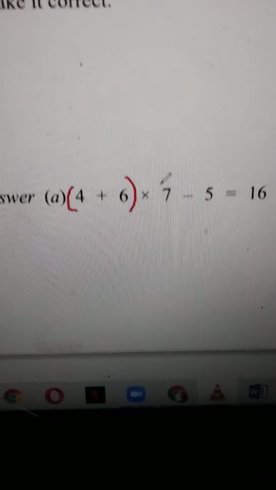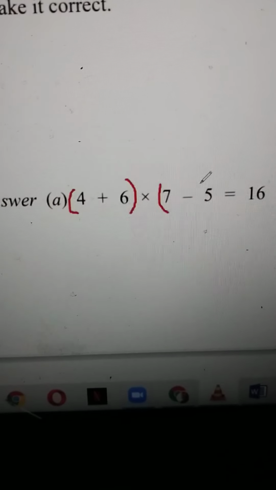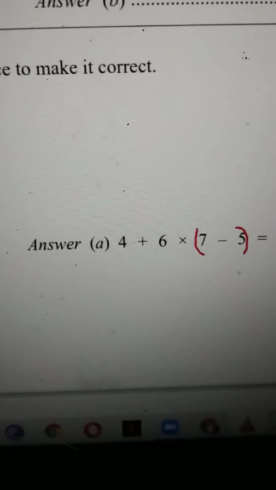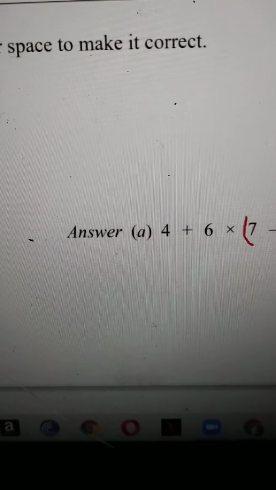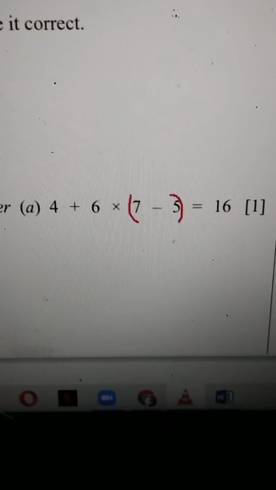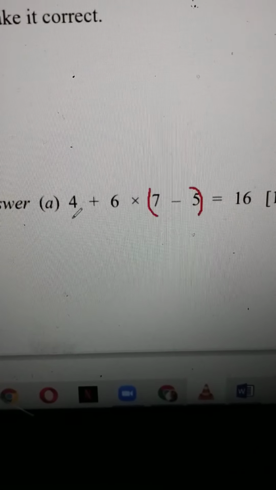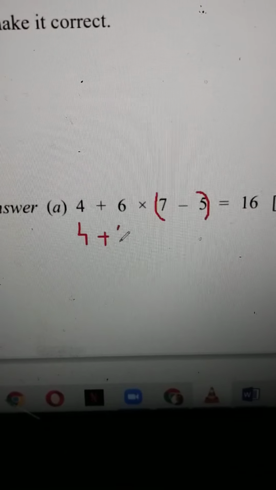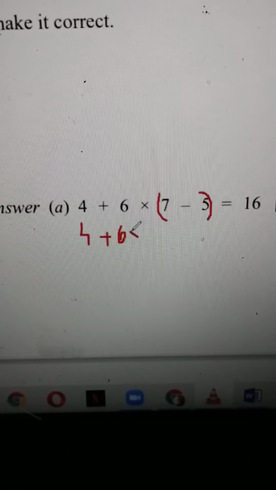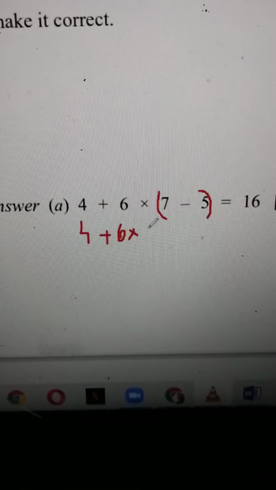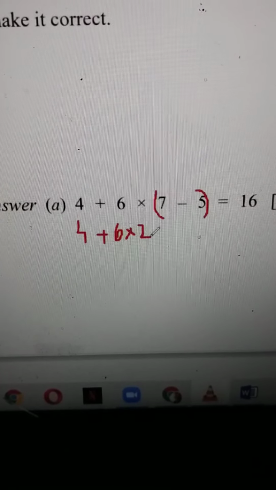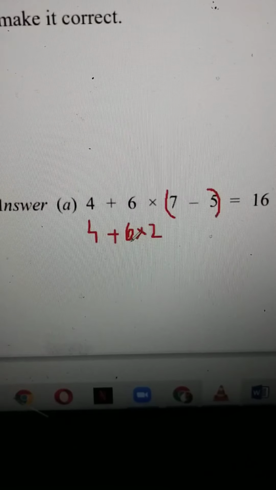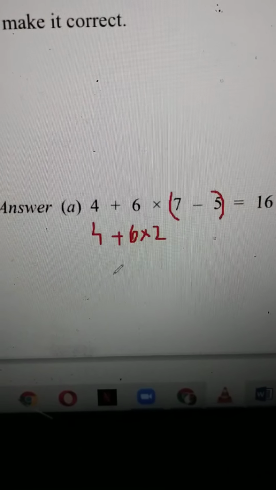Then if I put a bracket over here, for example, let me erase the remaining. Then if we simplify, it will be 4 plus 6 multiplied by, you solve the bracket first, so it will be 7 minus 5, 2, and now you multiply 6 and 2, so it will be 12.